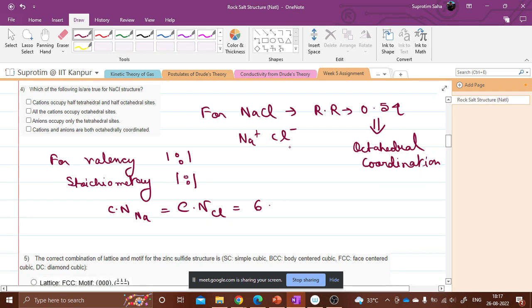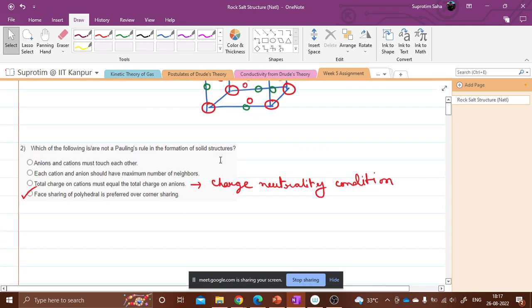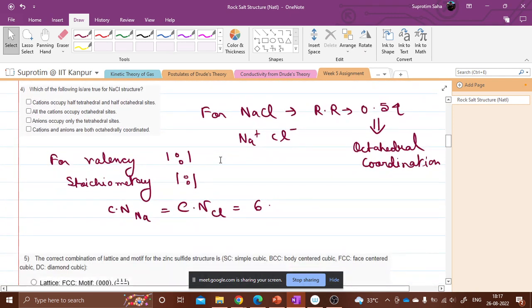So the correct options would be: all the cations occupy octahedral sites, which I've already shown with these green ones, and cations and anions are both octahedrally coordinated because the valency ratio is the same, right?